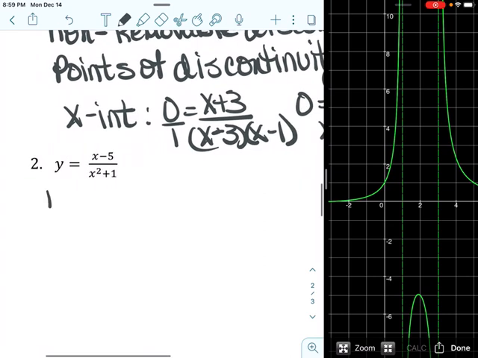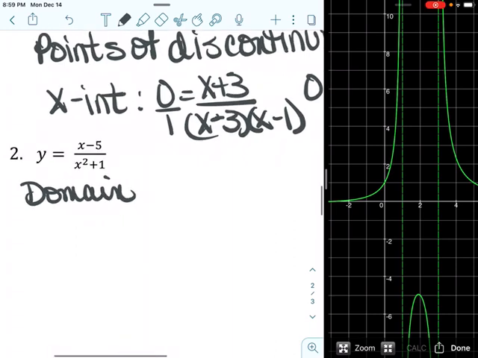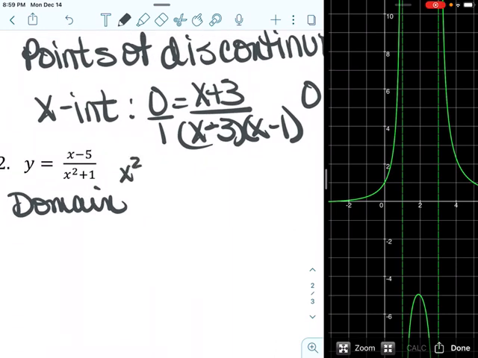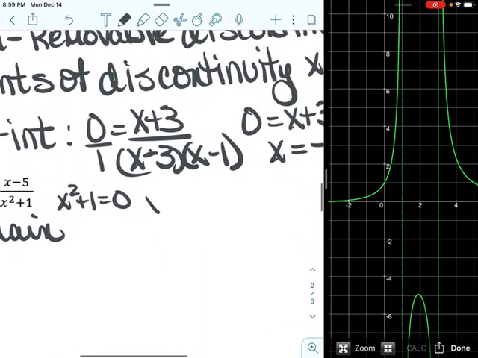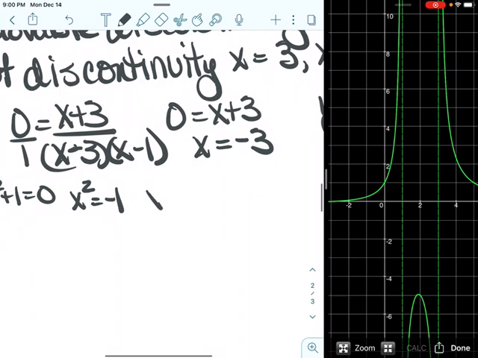So let's talk about domain. And again, the first thing I'm going to do is set my denominator equal to 0, because that's going to tell me my domain. It's going to tell me if I have any asymptotes. It's going to tell me my points of discontinuity. Problem is that I get plus or minus i.